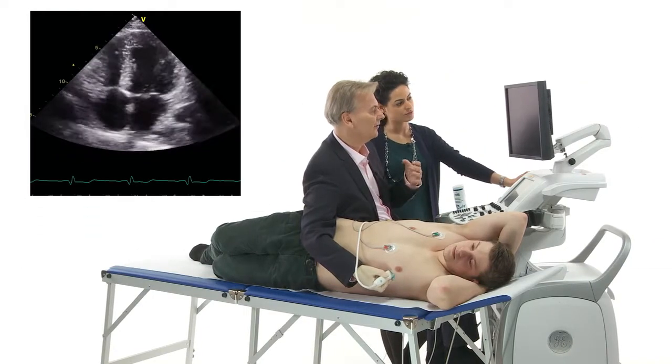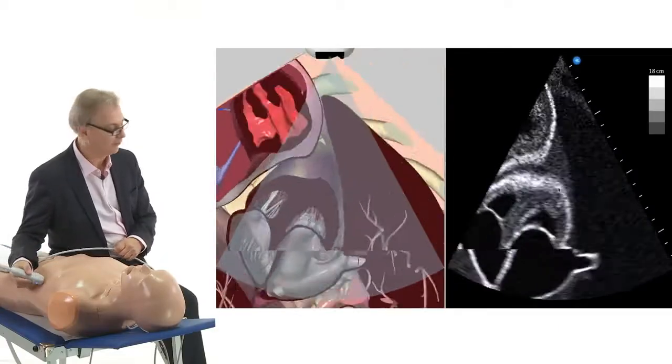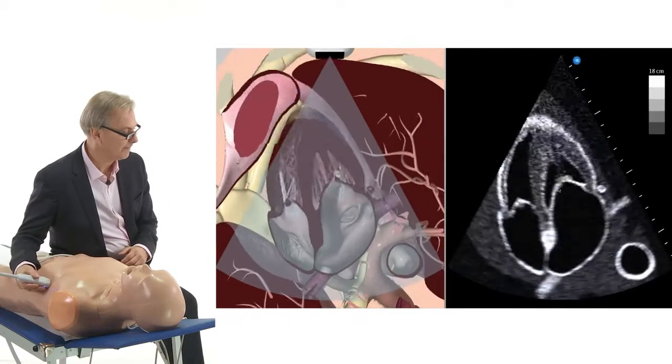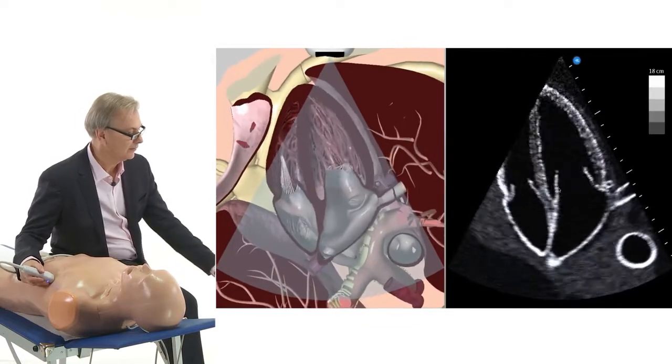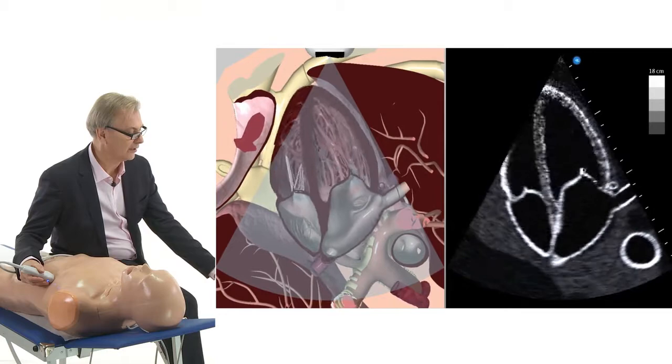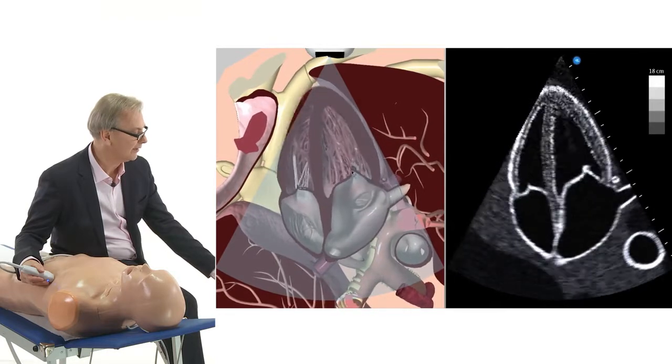So this gives me an understanding of the entire mitral valve, and some pathologies, as you will see, can be located in very small regions of the mitral valve, and you'll simply miss them if you perform just one four-chamber view. We would start with a view that cuts right to the middle of the mitral valve, right here.